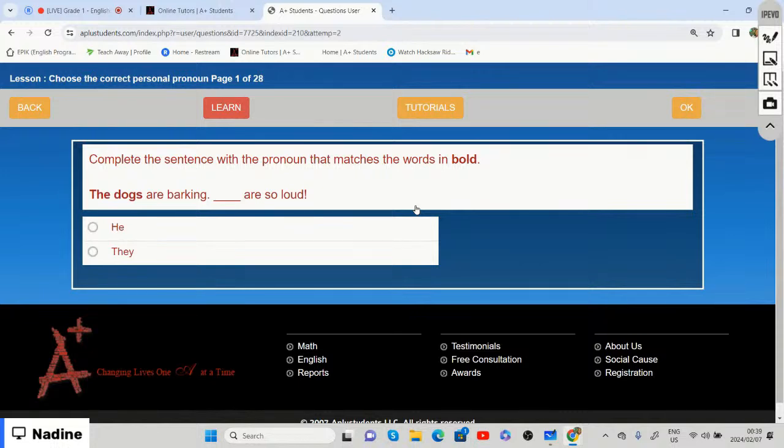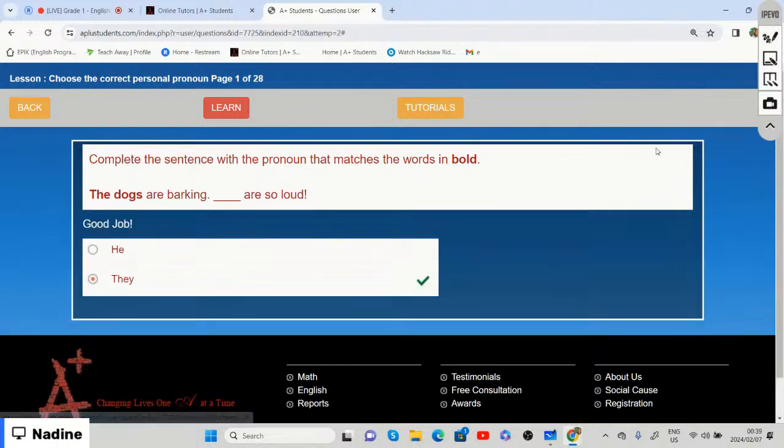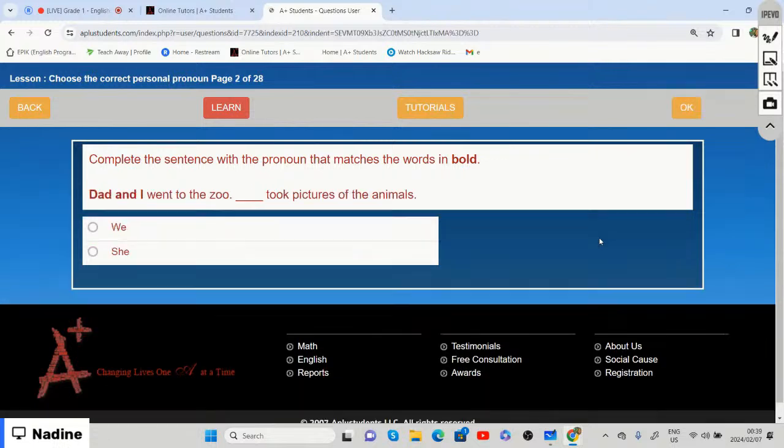We're referring to the dogs. Right? So we say the dogs are barking. They are so loud. So well done. They is correct.